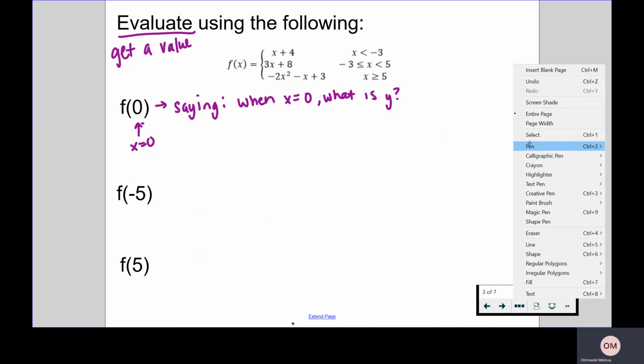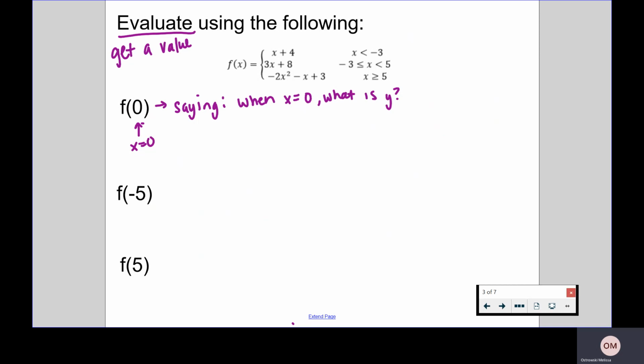X equals 0 will be between -3 and 5. X equals 0 included here, because this is the piece that covers from -3 until +5. 0 happens in between there. So that means I'm going to use that function. F of 0 would be 3 times 0 plus 8, which is just 8.